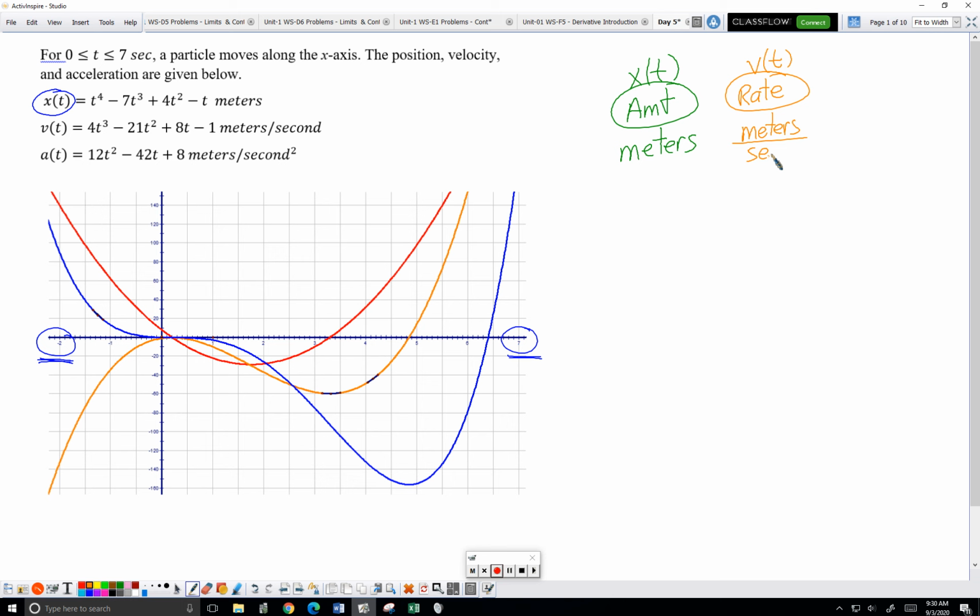And then the third thing they describe is the rate at which the rate itself changes. So I abbreviate that as just RR, the rate of the rate. And in this example, that's called acceleration.